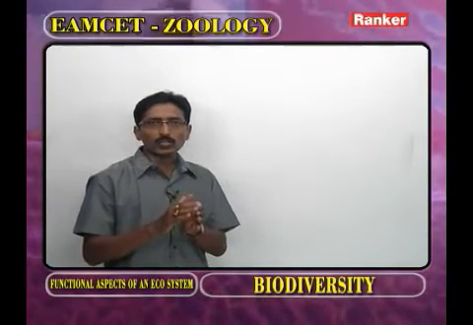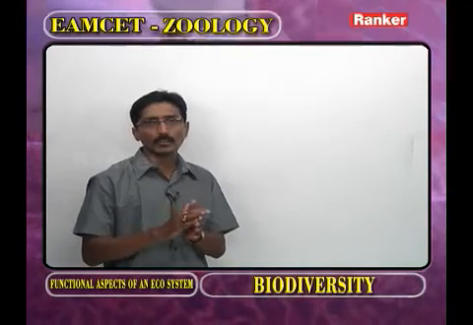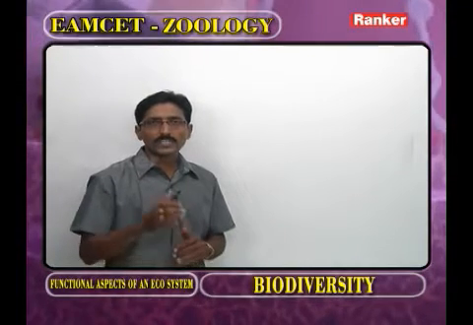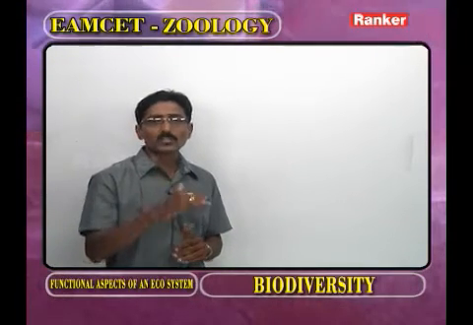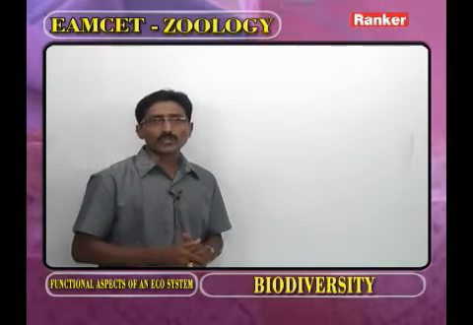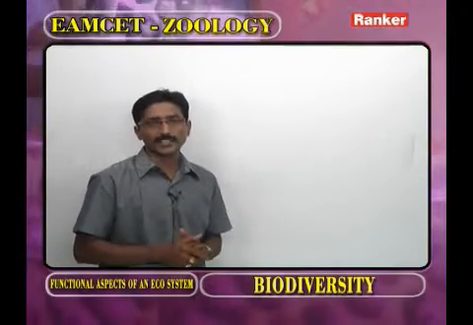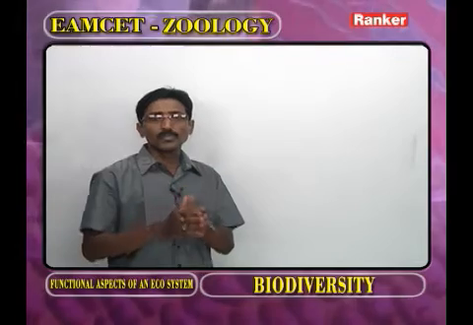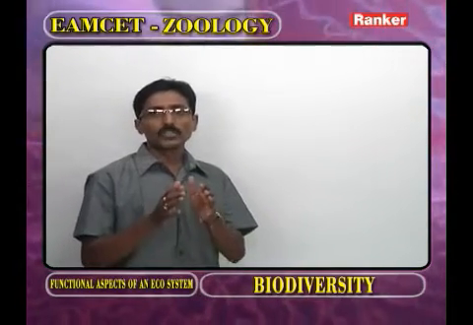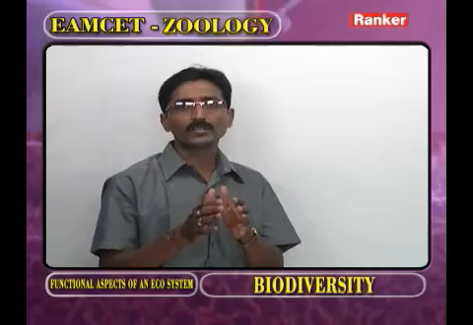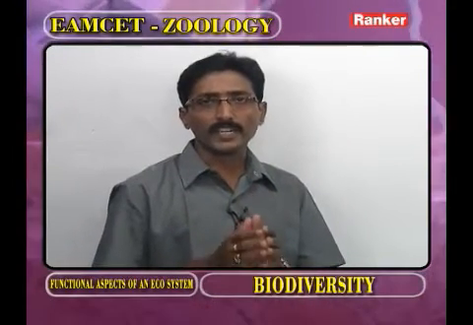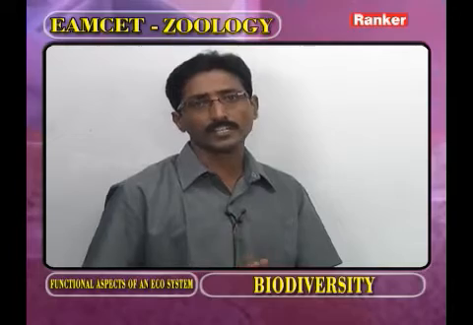In addition to the green plants and phytoplankton, chemoautotrophs are also present. The chemoautotrophs are also producers, but they prepare their own food material by using chemical energy. On producers, what are the consumers going to depend? The consumers are broadly classified into three categories: primary consumers, secondary consumers, and tertiary consumers.